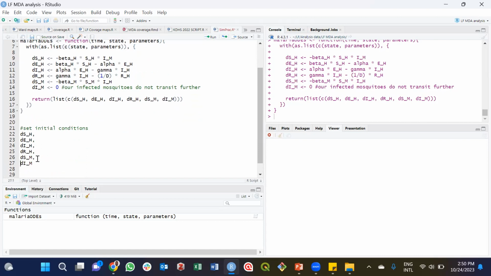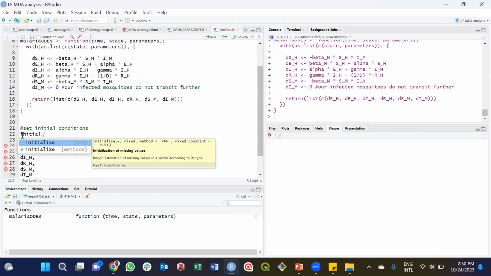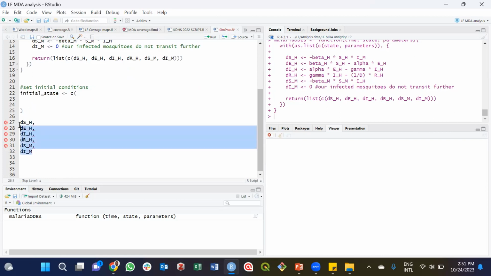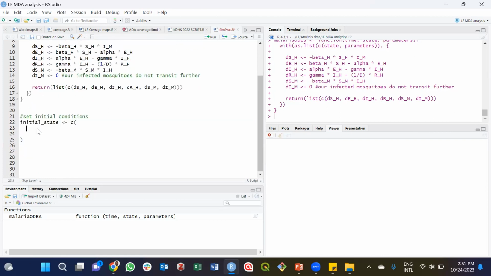I want to specify the initial conditions for all these, and I will store them in an object called initial state. Initial state will take more than one value. So let's come back. Put them there.